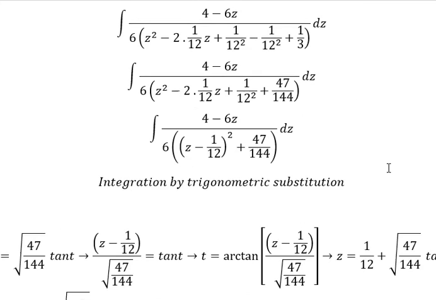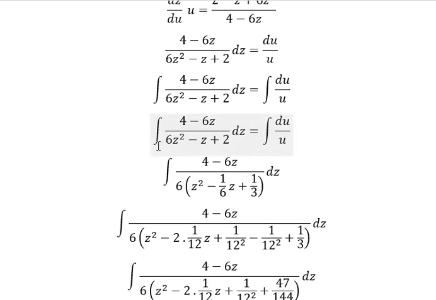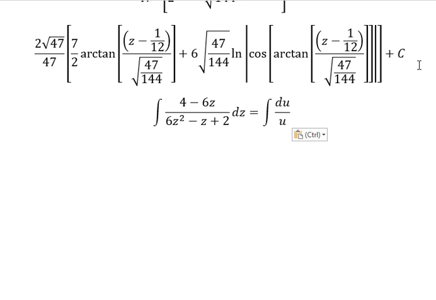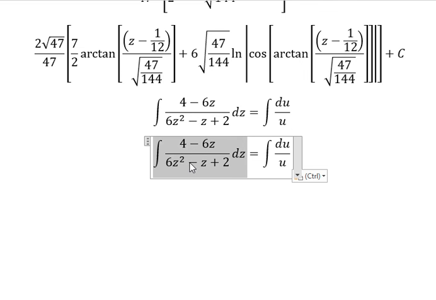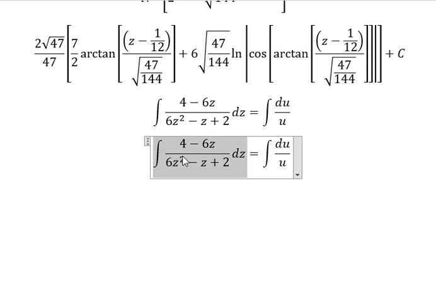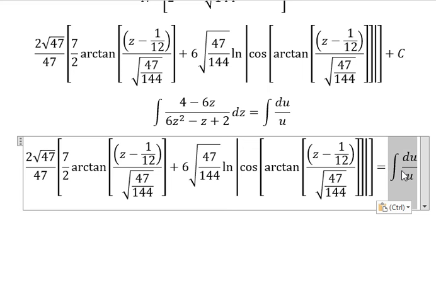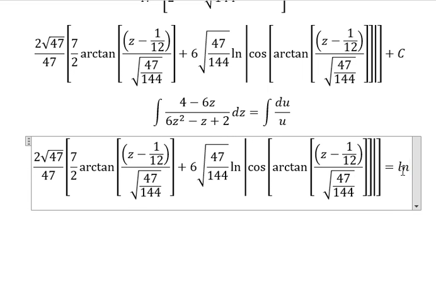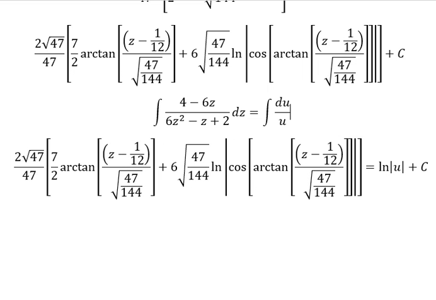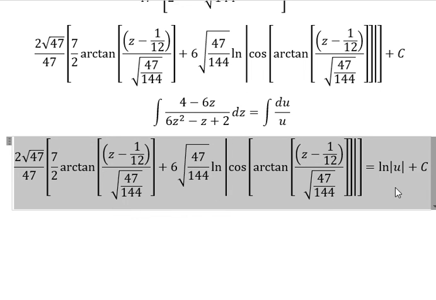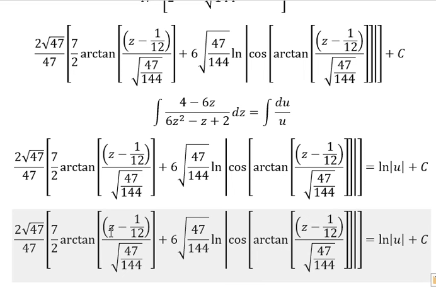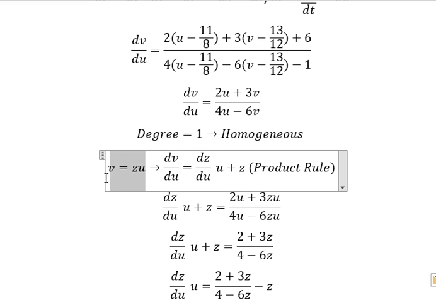And now we go back in here. So the integration of this one, that is this one. This one we have ln of the absolute value of u, and I will put c. Now about z, that is this one.